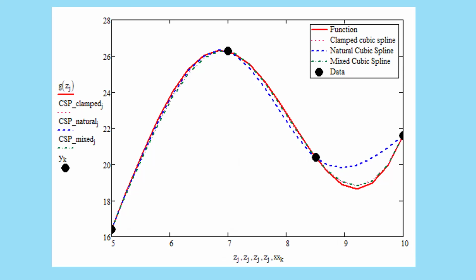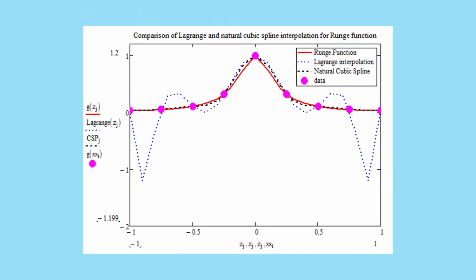If we compare the Lagrange and natural cubic splines with the true function, we get these graphs. As you can see, the Lagrange interpolation passes through all the data points, but it exhibits large oscillation, especially near the endpoints, because high degree polynomials can become unstable.